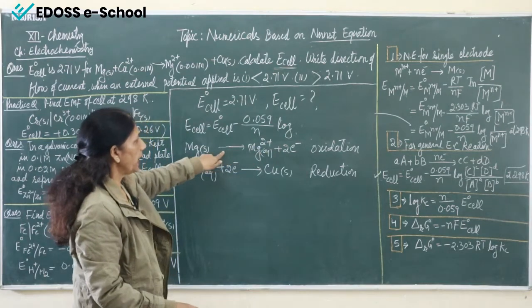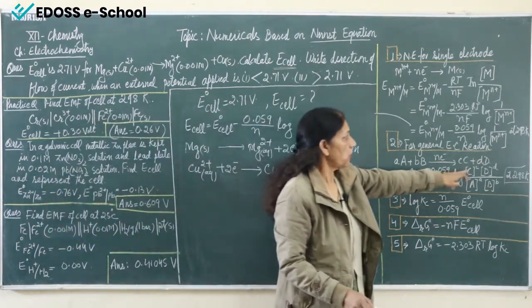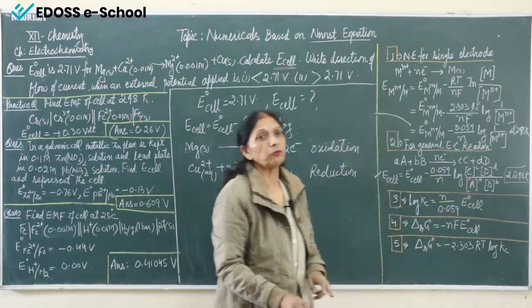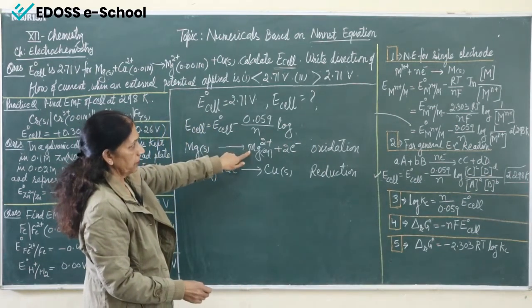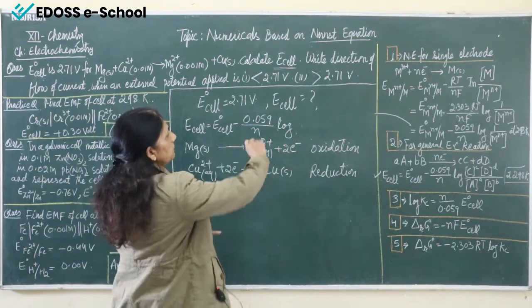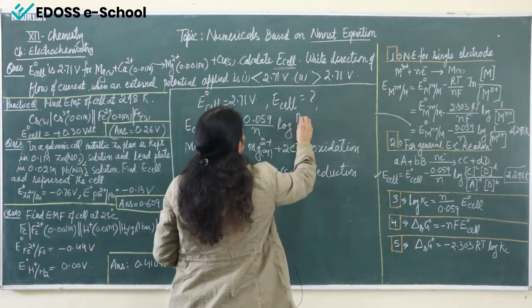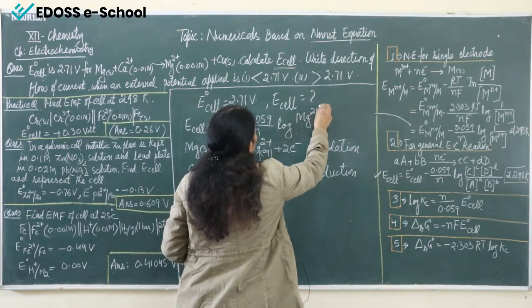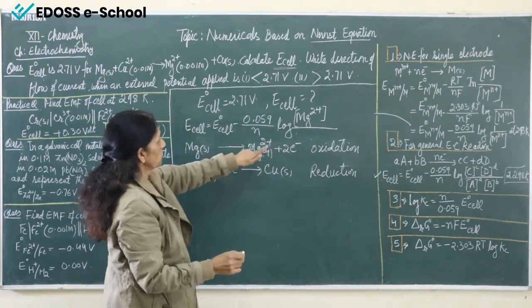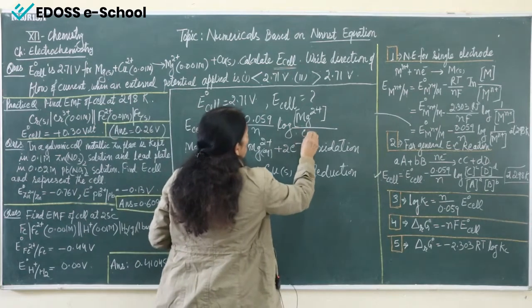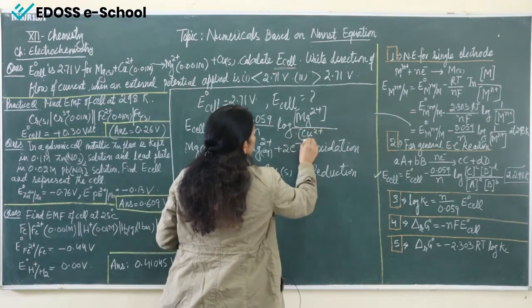We know this is oxidation, and below we will put reduction. So what will we write here? Magnesium 2+ ion concentration upon copper 2+ ion concentration.